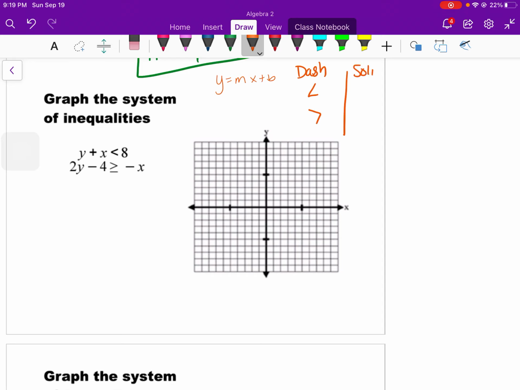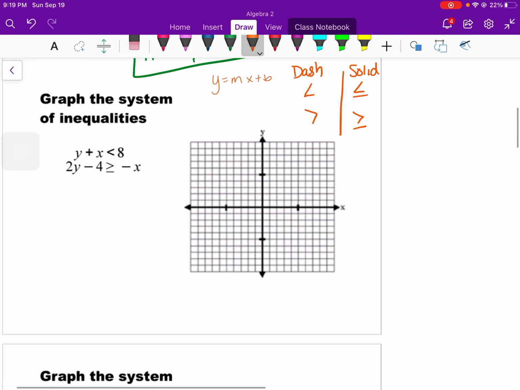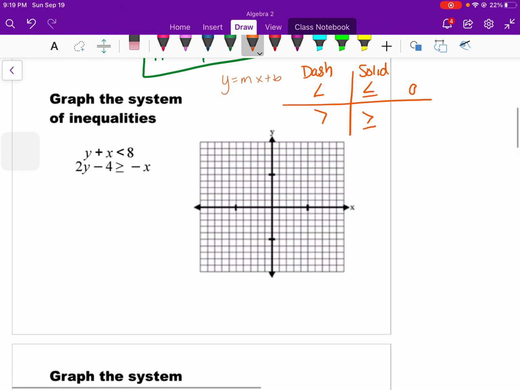And then we're going to graph with a solid line anytime you have a less than or equal to or greater than or equal to. For less than or less than or equal to, we're going to be shading below the line. And for greater than or greater than or equal to, we're going to be shading above the line.